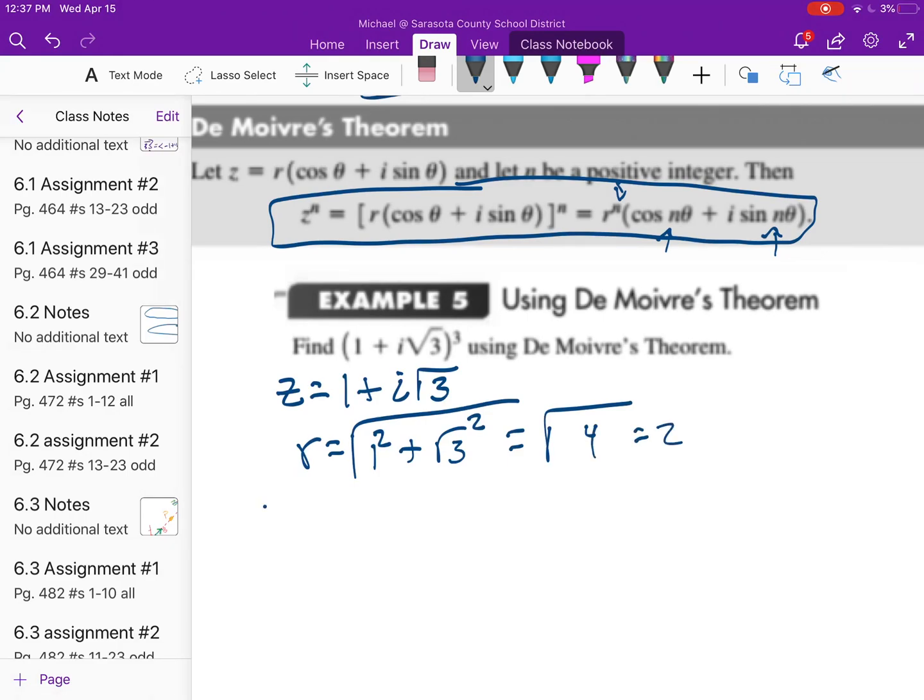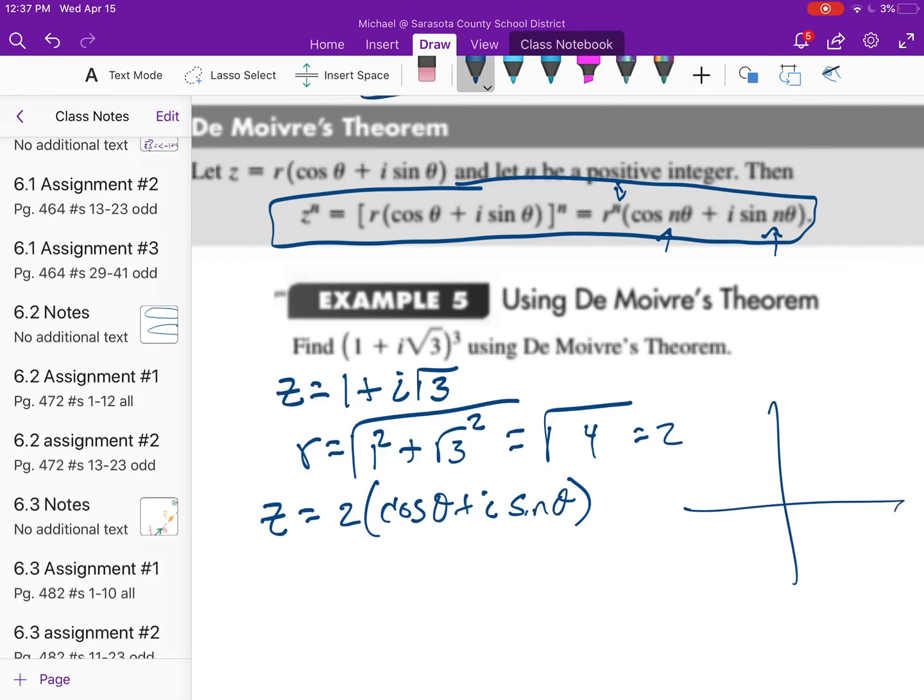And so now I can understand that z is really equal to 2 times the cosine theta plus i times the sine of theta. But I have to figure out what that theta is before I can do anything with de Moivre's theorem. So let's keep in mind, where are we? Well, we have 1 and the square root of 3, so we're in quadrant 1, and our modulus is 2.